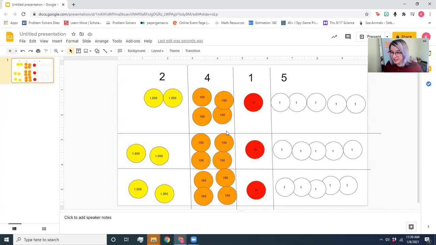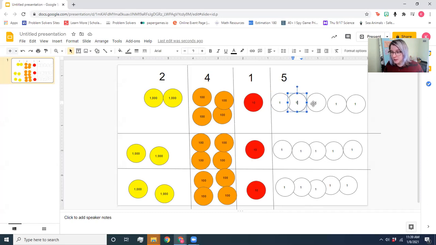So now what we're going to do is add up each place value. So we have 15 ones. But because there's more than 10, we can do some regrouping.